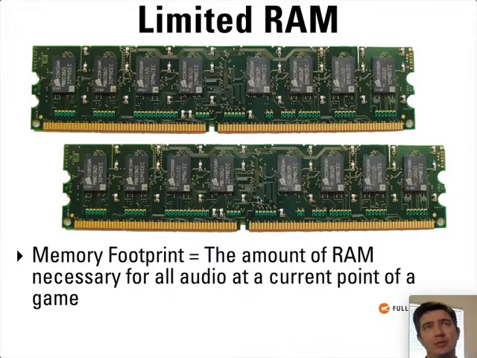Then by the PlayStation 2, they went to 2 megabytes, which was a lot of space. Then by the PlayStation 3, they went to 512 megabytes, which is a huge jump. But they went to basically a half a gigabyte, to now you have 8 gigabytes worth of RAM in the PlayStation 4. So you just have an exponentially large amount of RAM.